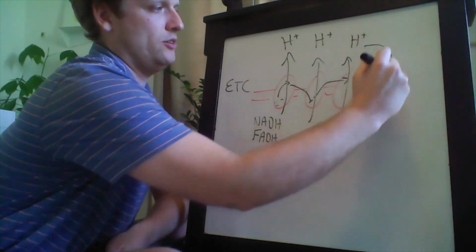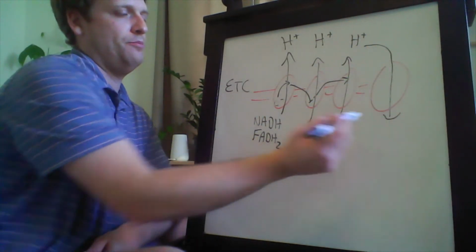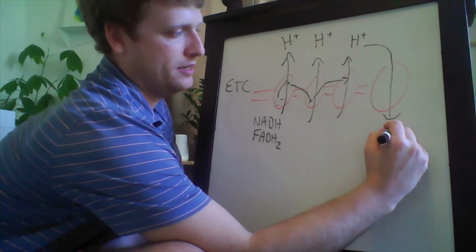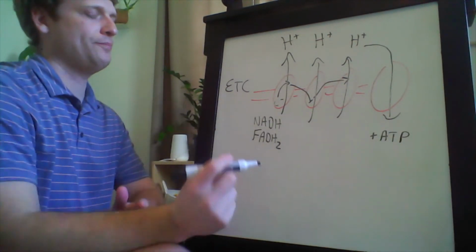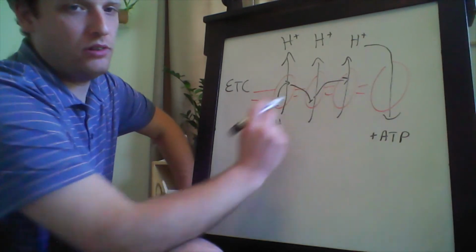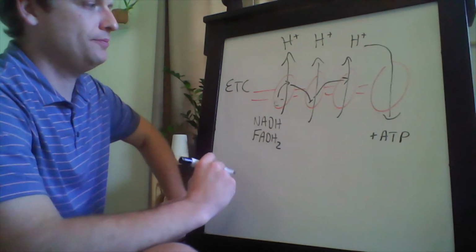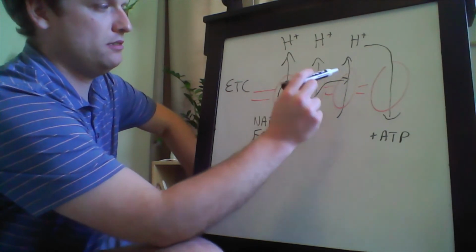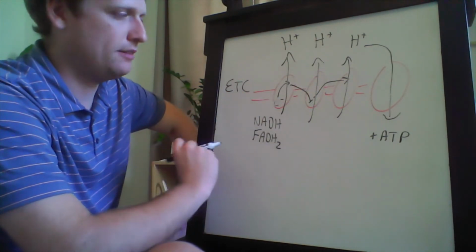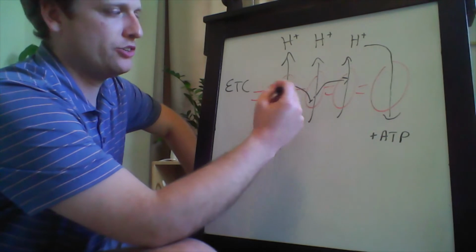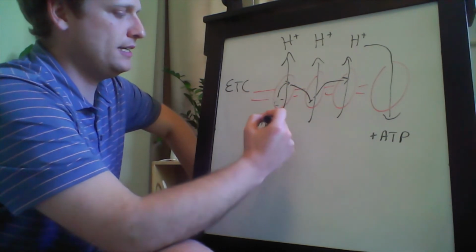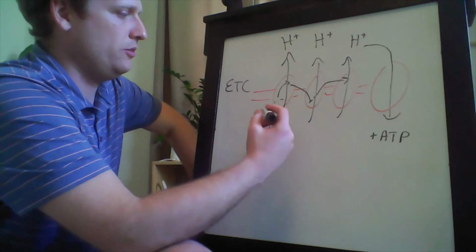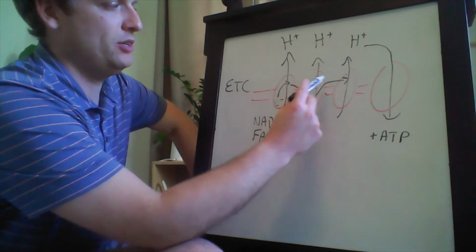And eventually those hydrogens move through and turn the ATP synthase to make lots and lots of ATP. Each of these proteins that's part of the electron transport chain is accepting electrons. So it's taking an electron from NADH or FADH2, and they're being passed between these proteins.